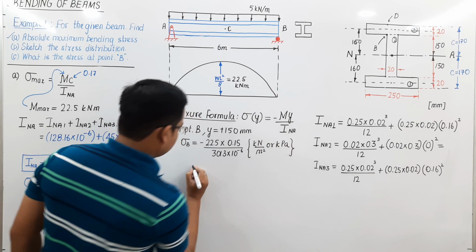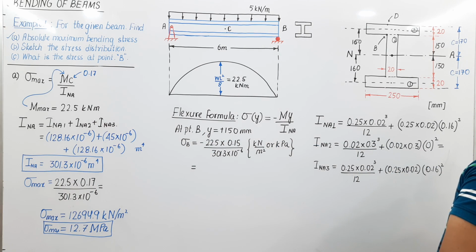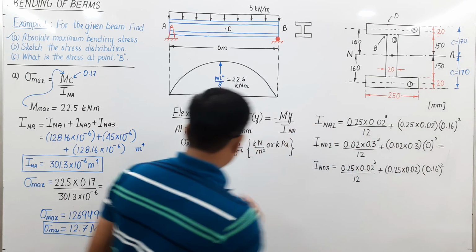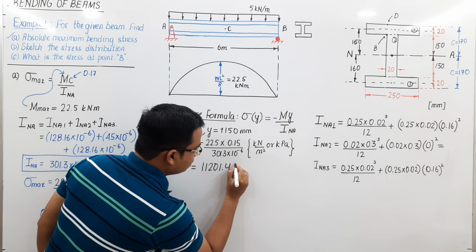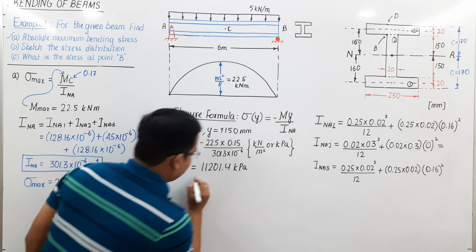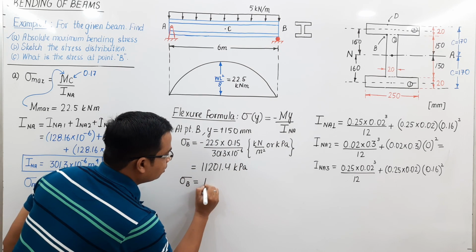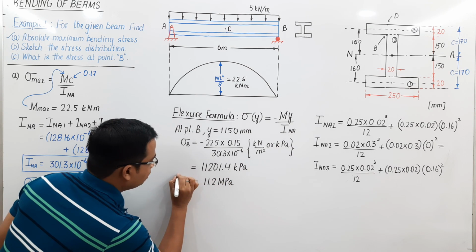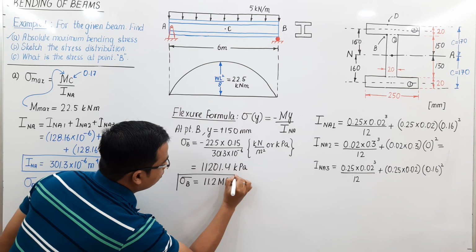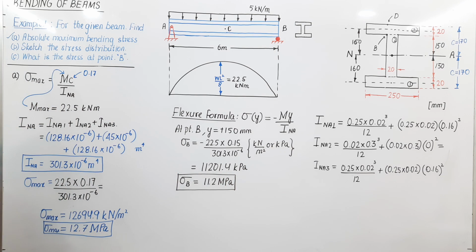Once you do the conversion, the final value that you are going to get is 11201.4. This is in kilopascals, and I don't like kilopascals, I like megapascals. Okay, 11.2 MPa. There you go. That's it.